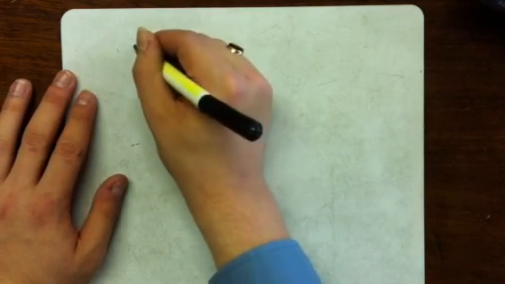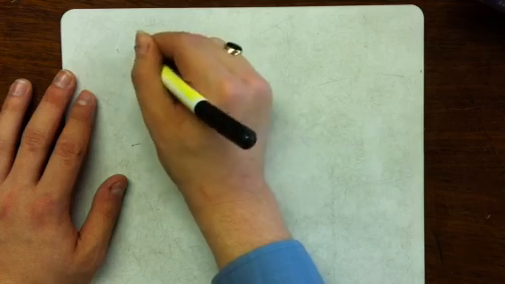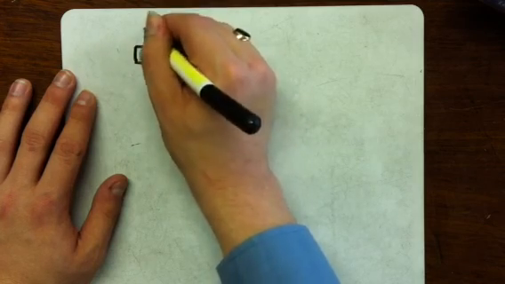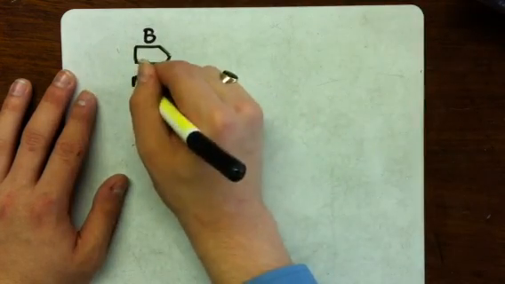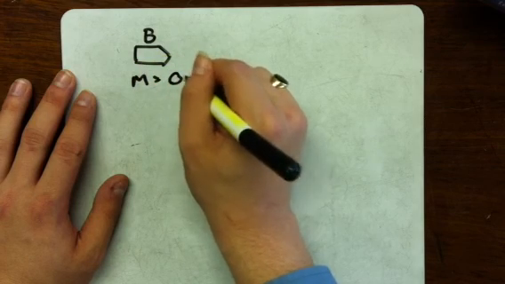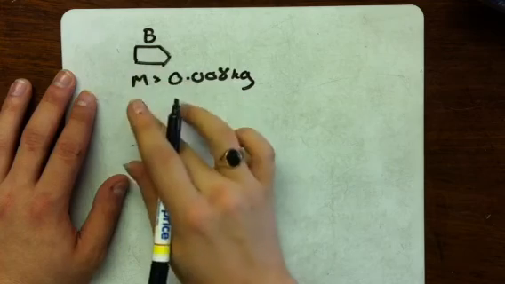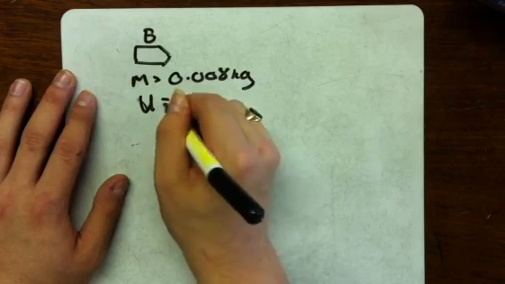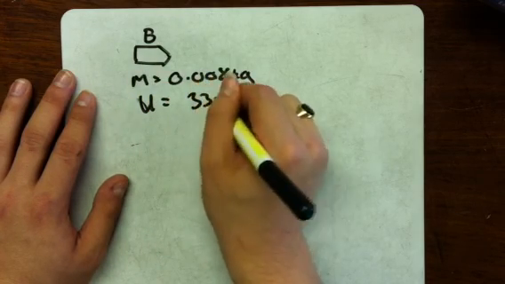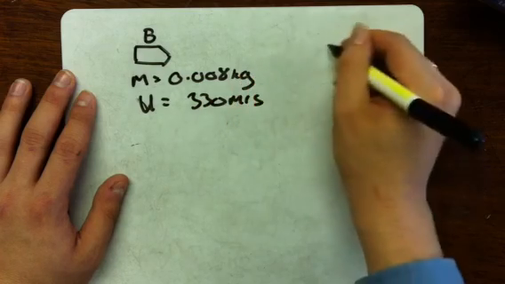So first off, we can draw a diagram. We have a bullet. I'm going to draw like so. We can call it B, B for bullet. We have a mass of 0.008 kilograms and an initial velocity, so remember we do initial velocity with a U, of 330 meters per second.